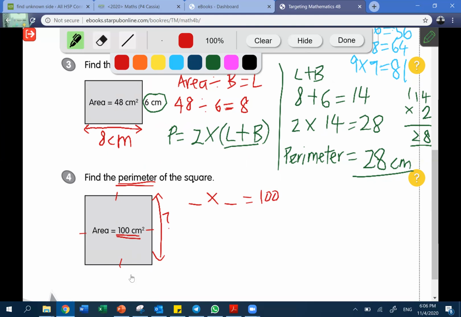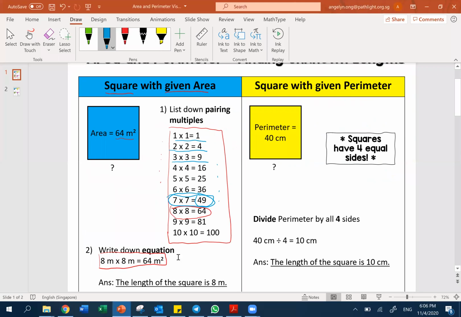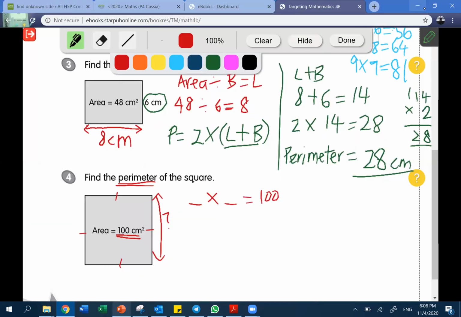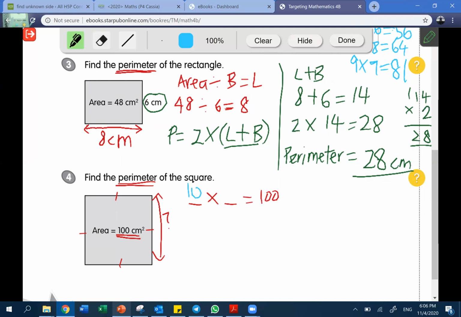Okay, you can take a quick look at the visual. See here, 10 times 10 equals 100. So that's what we're looking for. Answer is 10. So all these sides are actually 10 cm. Okay, 10 cm all around.